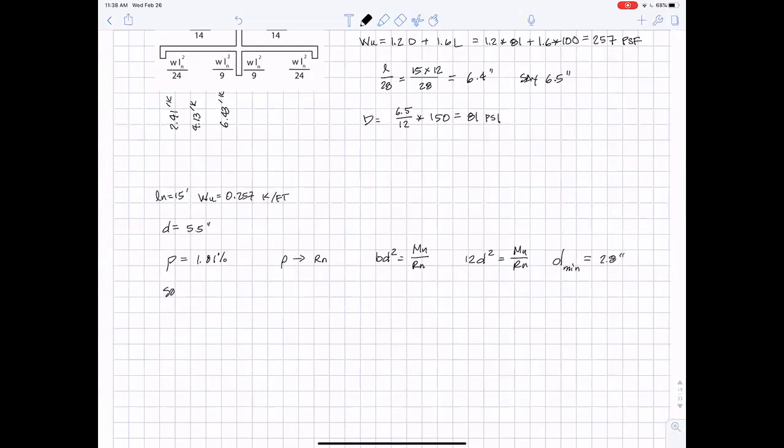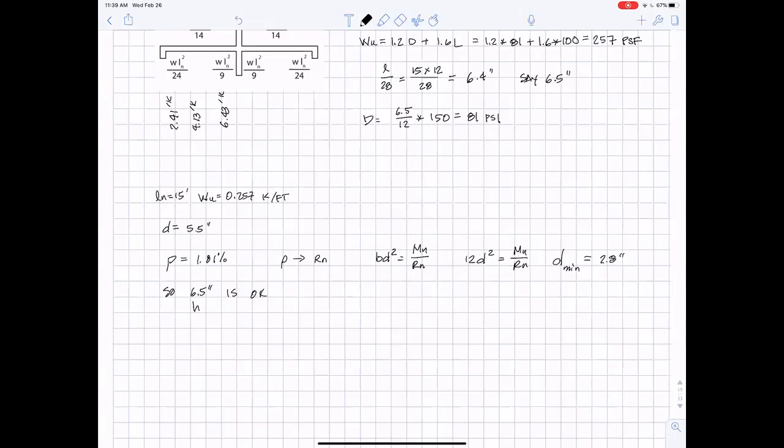So 6.5 inches is okay. And typically in slabs I worry about whether we're going to be below rho min. So 6.5 for H is okay. D of 5.5 is okay. I'm worried more about rho min, and we'll figure that out when we get there.